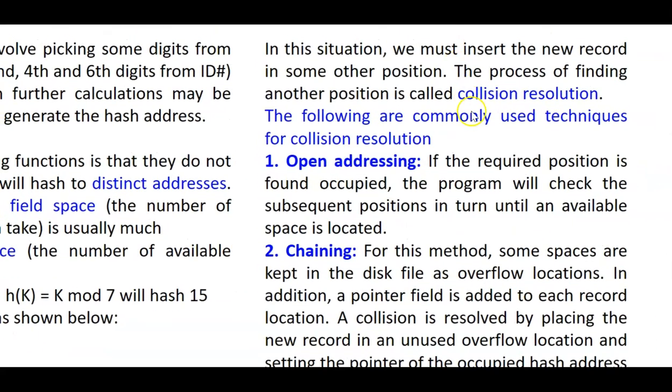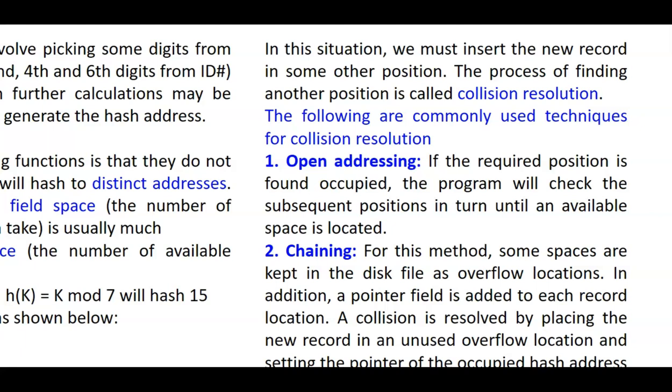So the process of finding a new position is called collision resolution. You want to find a new place and avoid the collision. The following are commonly used techniques for collision resolution. Number 1, we have open addressing.